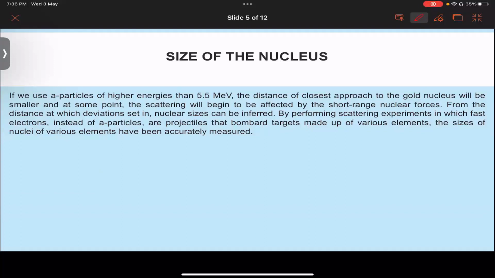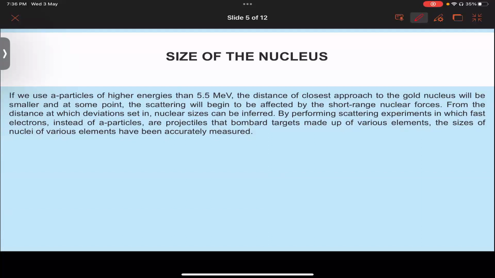Now we will see what the size of the nucleus actually is. In the previous chapter, we used alpha particles that were bombarded over thin gold foils, and we had scattering of alpha particles. We understood that with this experiment, they realized that there is an atomic nucleus present.